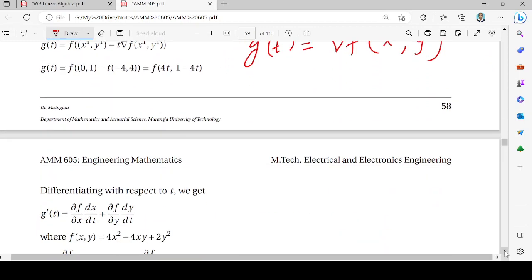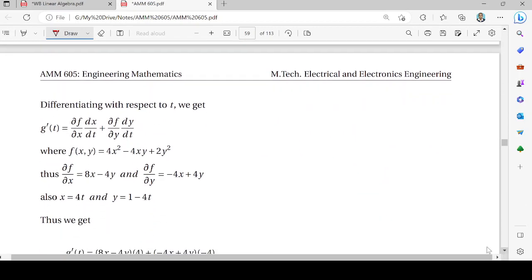And then we can find g prime again. Here, x is 4t, y is 1 minus 4t. When we differentiate, the partial derivatives are the same as before, 8x minus 4y and minus 4x plus 4y.